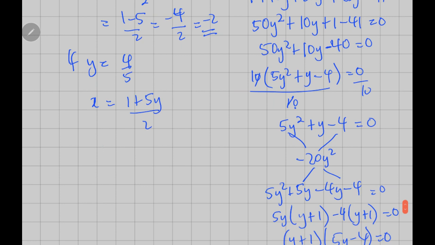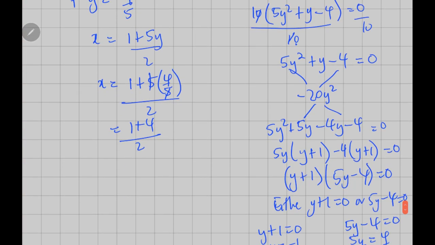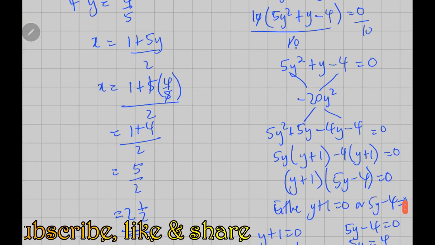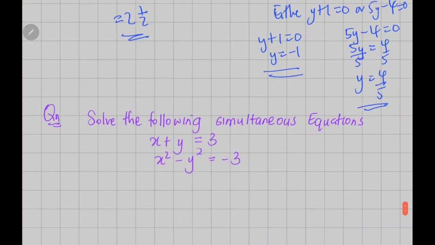If you substitute, x is equal to (1 plus 5 times 4 over 5) over 2. 5 and 5 cancel each other, and you are left with (1 plus 4) over 2. So it becomes 5 over 2, which is equal to 2.5. So we now know the value of x when y is equal to 4 over 5.